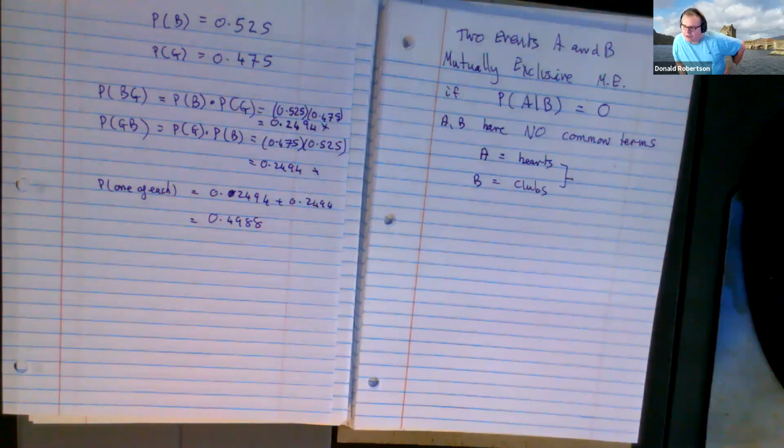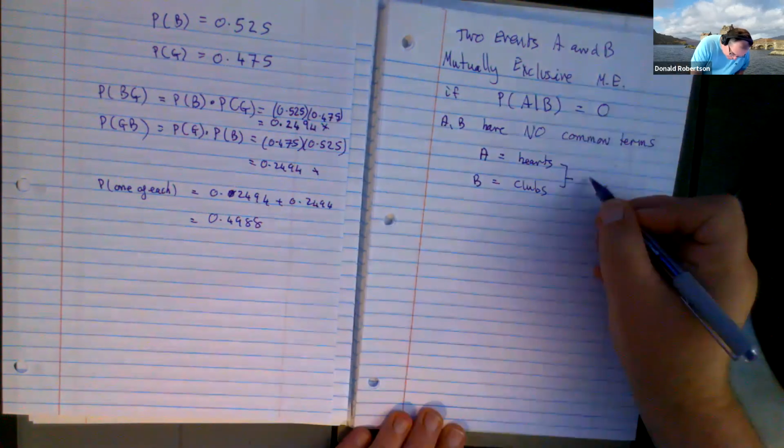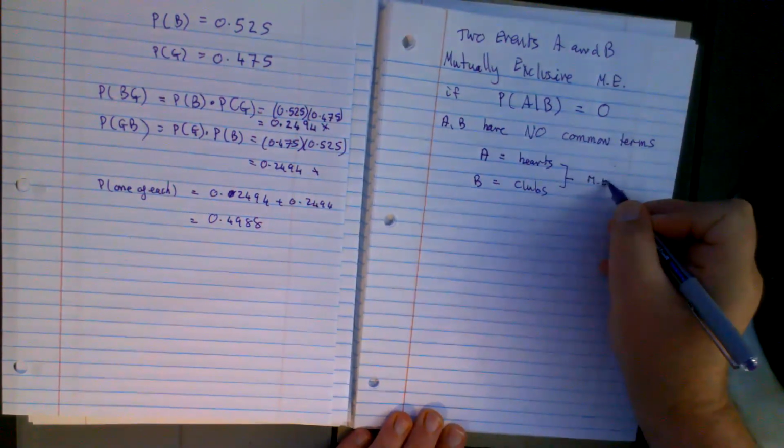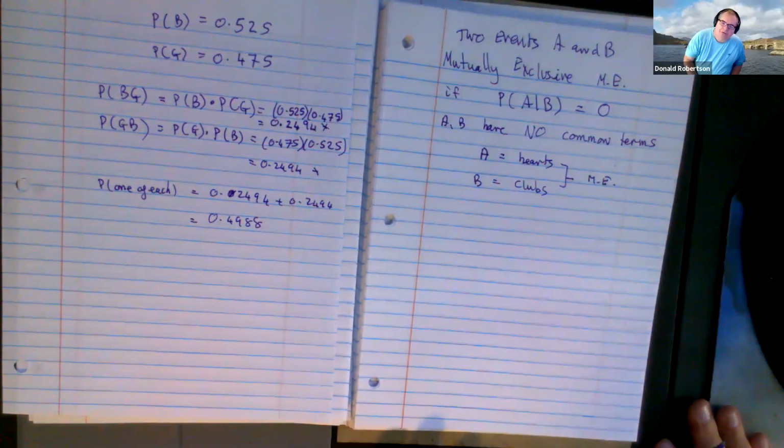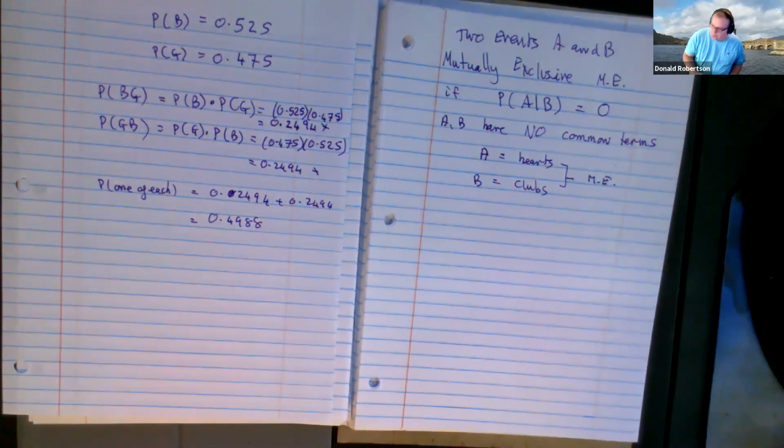There is no card in the hearts that's also a club and vice versa. So these would be mutually exclusive. Other situations: A is being a boy, B is being a girl. We would consider them mutually exclusive biologically, right?